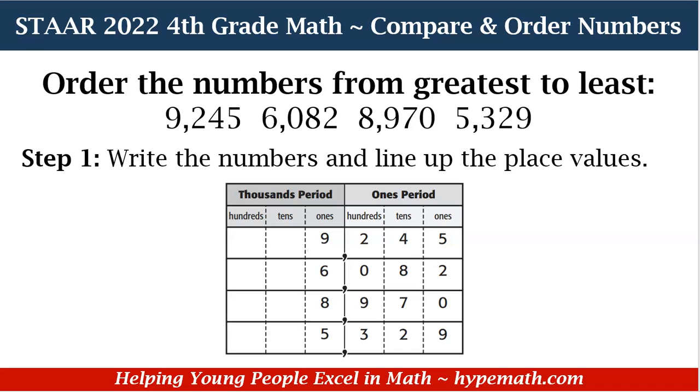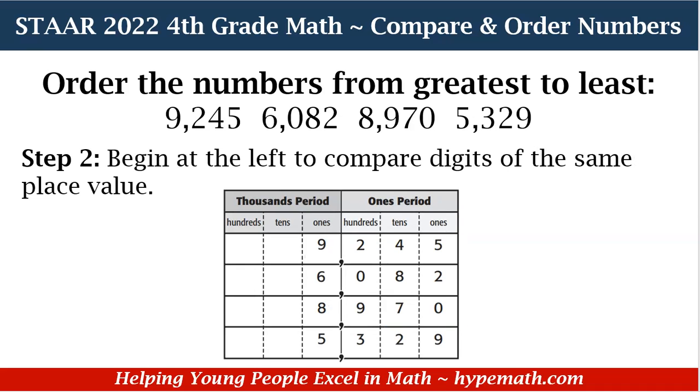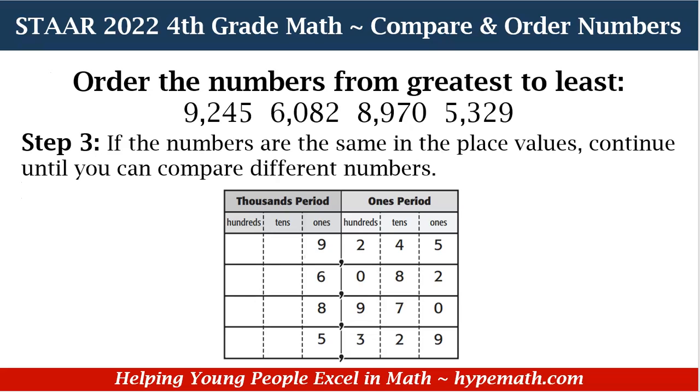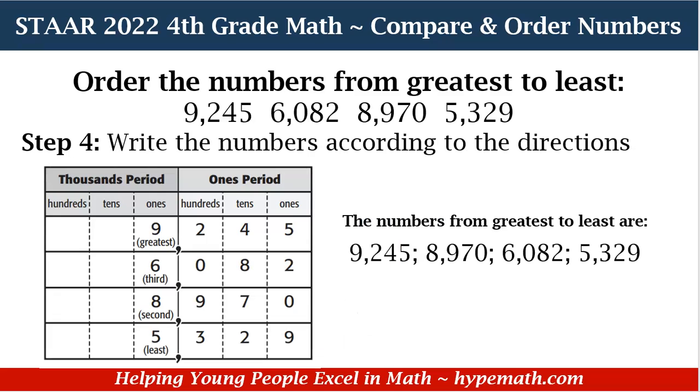The next thing we need to do is begin at the far left side to compare the digits just to see what the digits are and also if they have the same place value. Well, in this example, they don't, so we can skip step 3. Let's move to step 4.